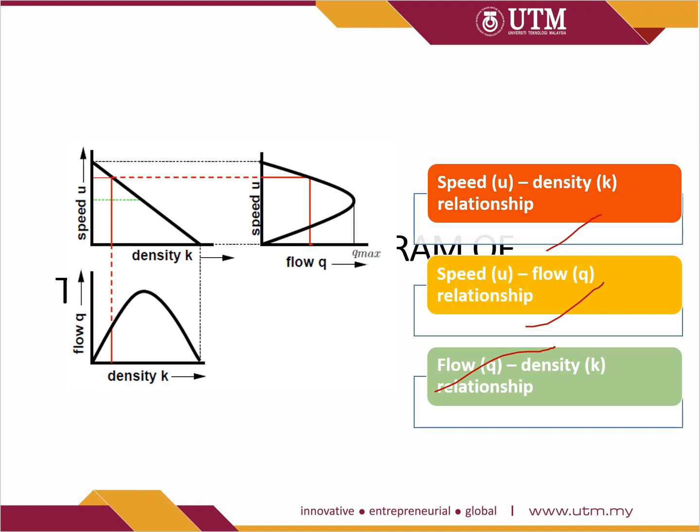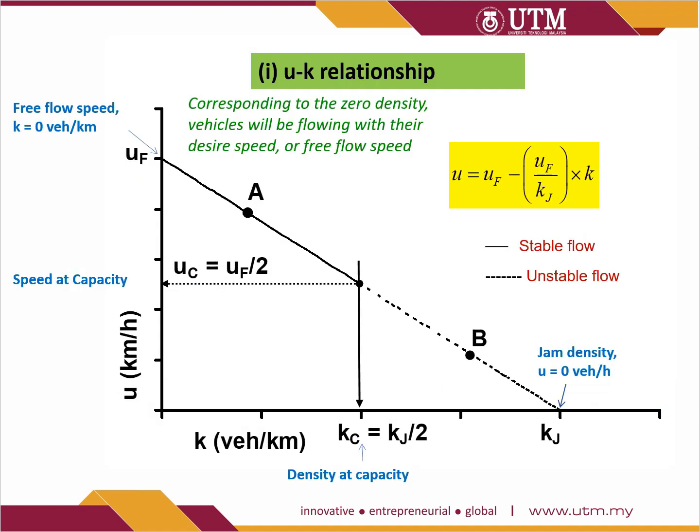The first one is the speed versus density relationship, where we are going to use this formula: U equals UF minus UF over KJ times K. Here, U is the speed versus the density.